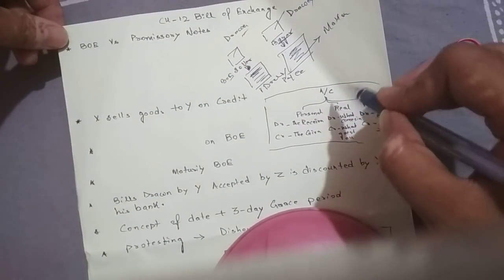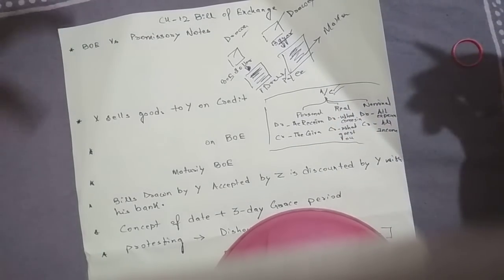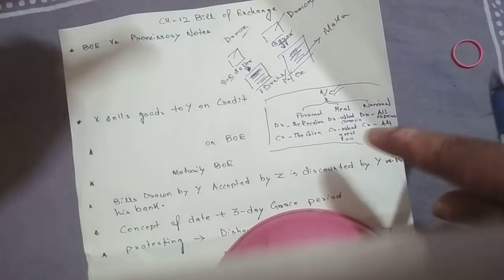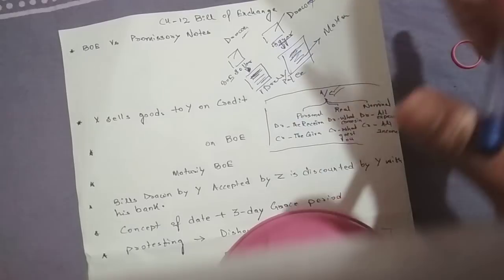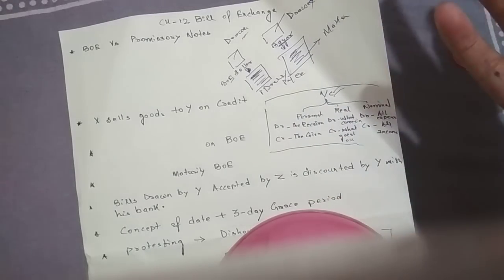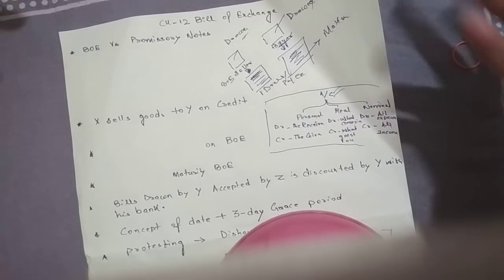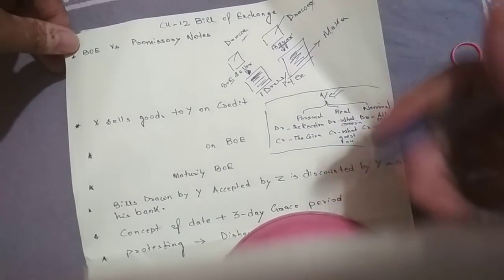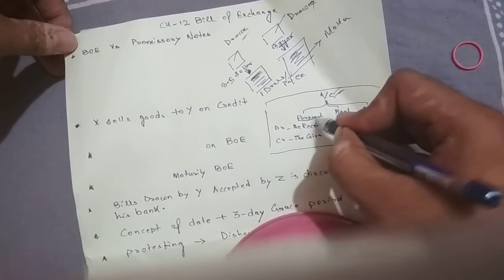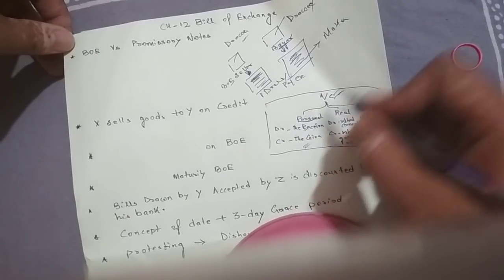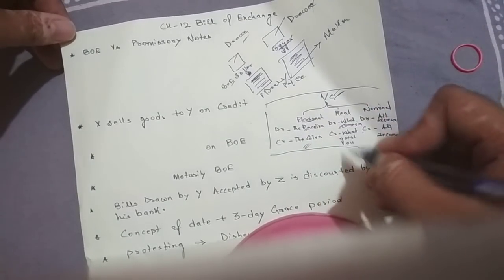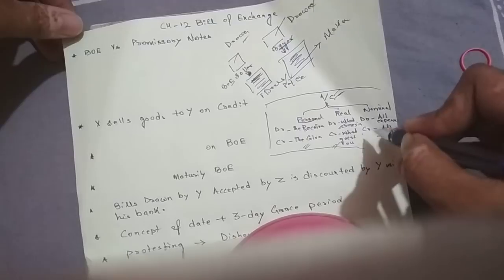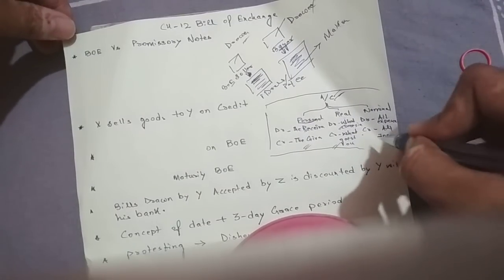Now I told you to remember this table, in order to make any journal entries in the accounting chapters or questions. For the personal account, debit the receiver, credit the giver. Real accounts, debit what comes in, credit what goes out, and nominal, debit all expenses and credit all income.